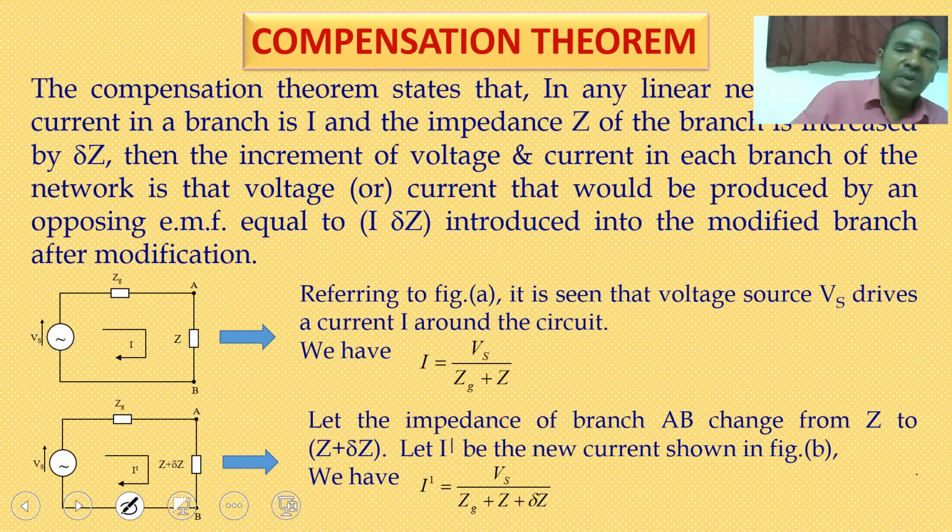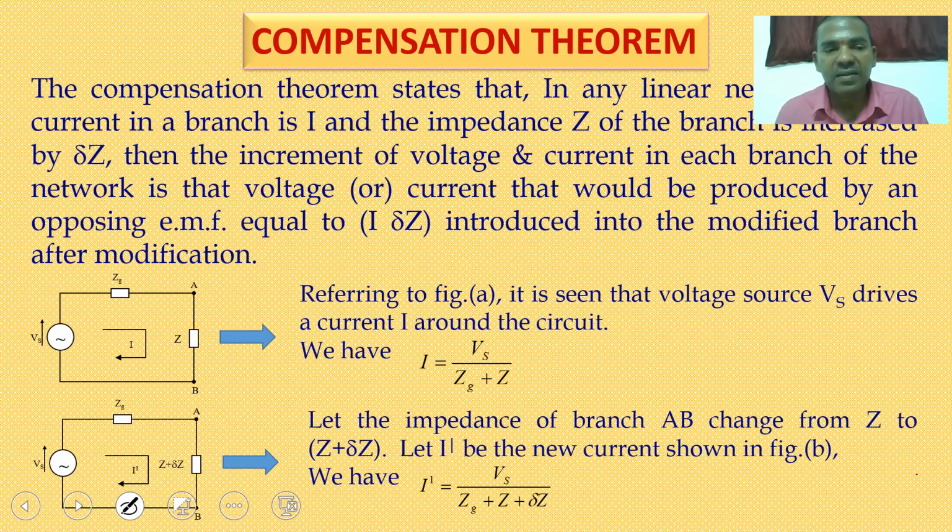At that time the increment of voltage will be there, and the increment of current will be there. Such a condition, where we are calculating the incremental voltage with respect to the given circuit, is represented by the compensation theorem. To understand this, the modified compensation theorem is the substitution theorem only.